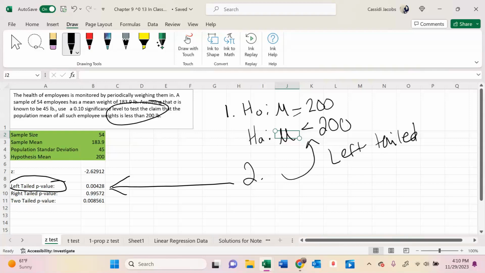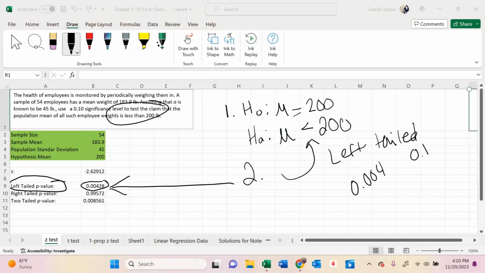So then we input the information, we get this answer. That's the answer we're looking at compared to alpha. So we're going to use 0.004, and our alpha that we're given is 0.1. Well, here we have that the p-value is less than or equal to alpha. If you go back and look at the statements, when your p-value is less than or equal to alpha, you're going to choose to reject the null.